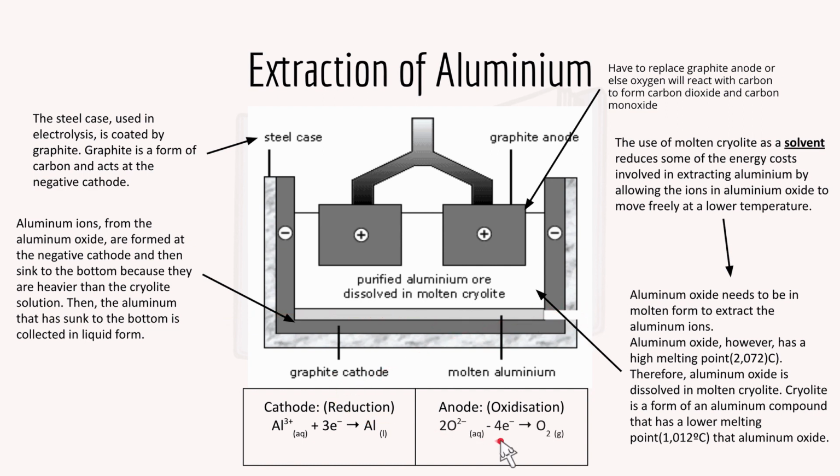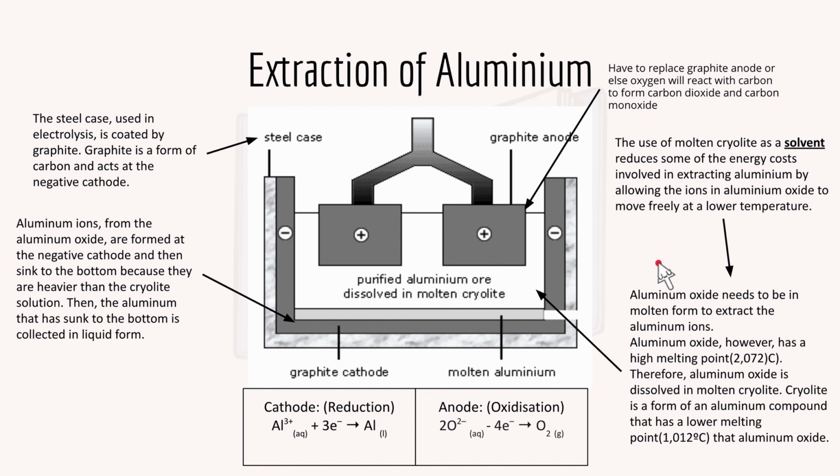And here are the equations. We have to replace the graphite anode, or else oxygen will react with the carbon or the graphite to form carbon dioxide, or more dangerously carbon monoxide. And the use of molten cryolite as a solvent reduces some of the energy costs involved in extracting aluminium by allowing the ions in aluminium oxide to move freely at a lower temperature.